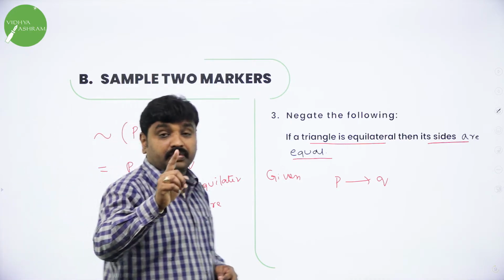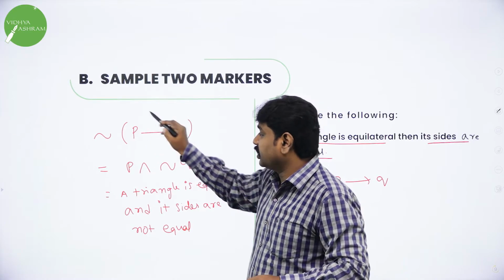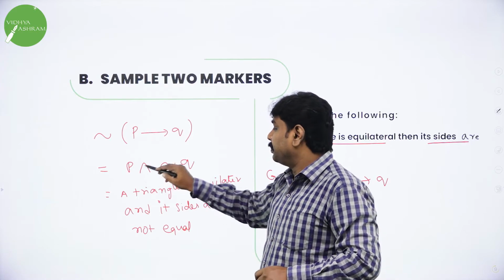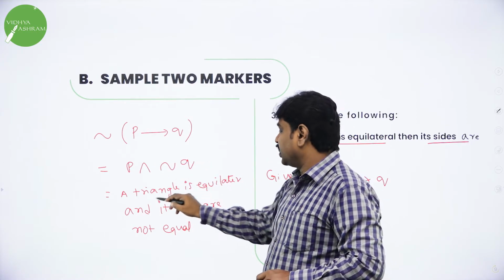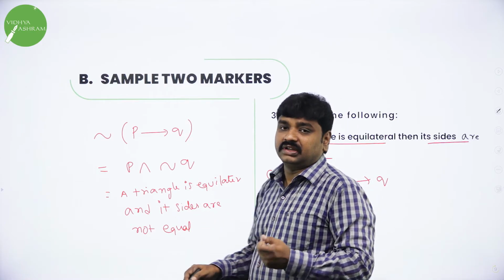So they gave if P then Q, which means P implies Q. They want you to negate. What is the negation of P implies Q? P and not Q. P is a triangle is equilateral, and not Q means its sides are not equal. That's it.